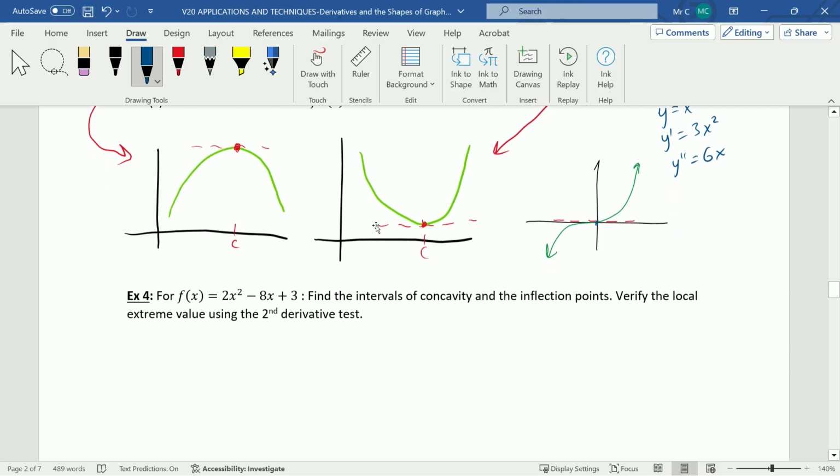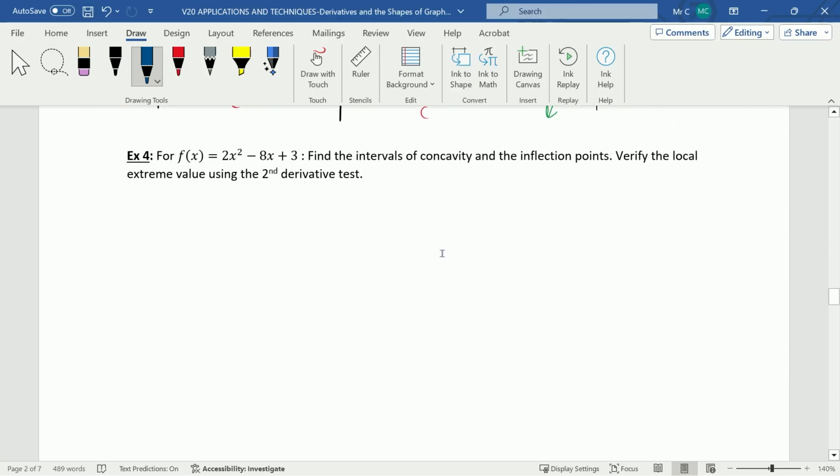Okay, so now let's go back to that same function we dealt with before, but now we're going to find the intervals of concavity and the inflection points, and then verify the local extreme value using the second derivative test instead. So, if I want the intervals of concavity and the inflection points, we start by taking some derivatives. I get 4x minus 8.